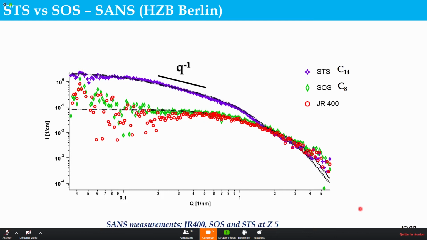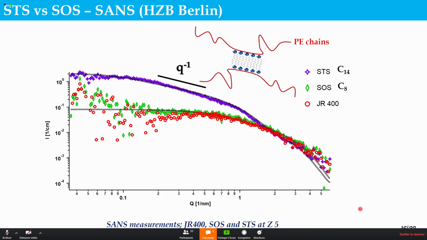And if we have this well-defined Q^-1 slope, we can say that the surfactant basically acts as a kind of cross-linking between two different polyelectrolyte chains. It connects these two different polyelectrolyte chains with the rod-like aggregates. But we cannot say the same thing with SOS.